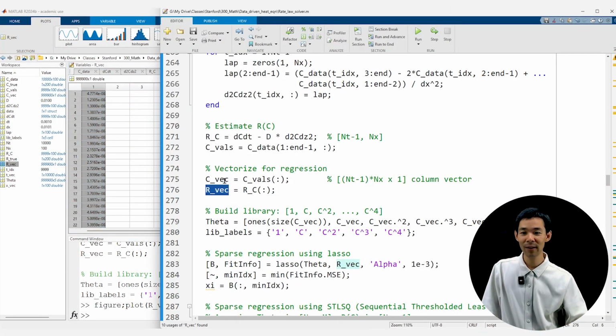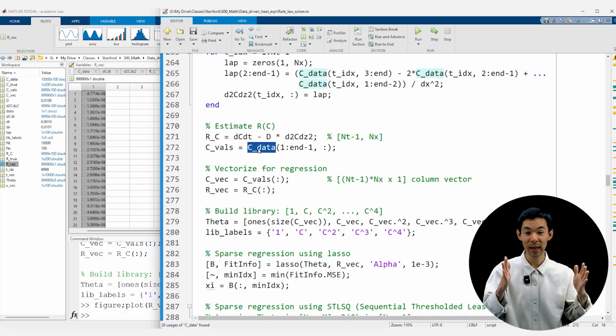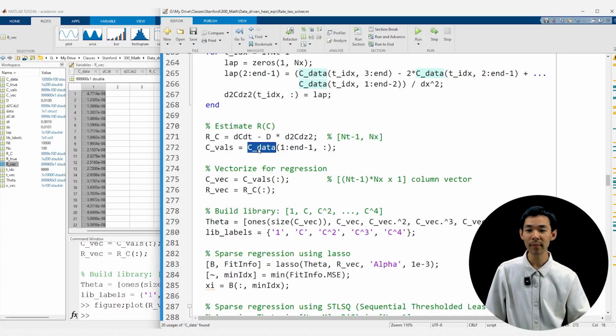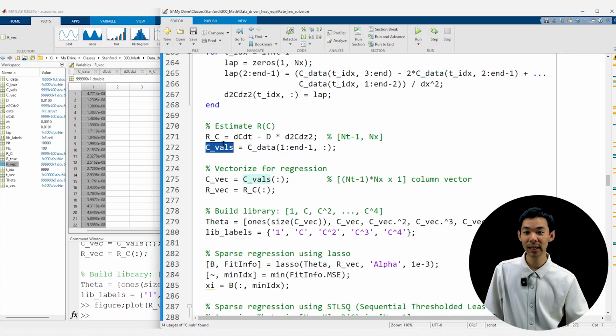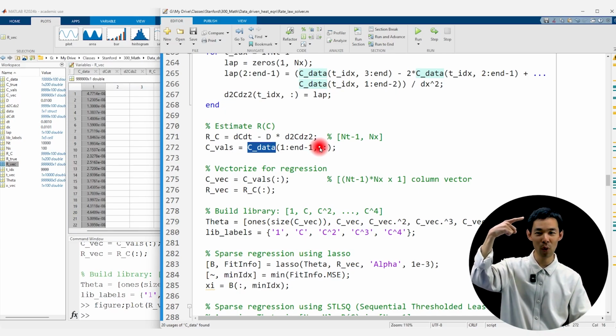Now, what we have is we've also created another vector cval over here. So that's the C data. So the C data, remember, was the entire data matrix of concentrations that you measured. And what we have here is we're taking that data matrix, we're subtracting off the last entry, because once again, when you take a finite time difference, you're going to lose one row of your entry because you need 2 time points to get one derivative.